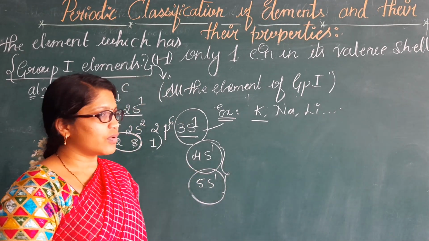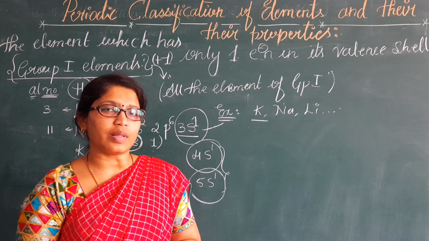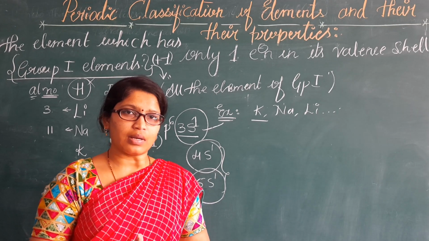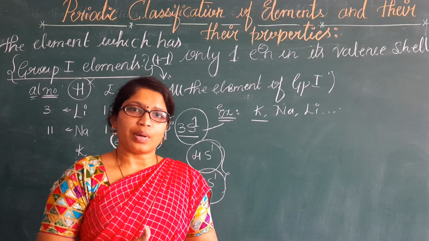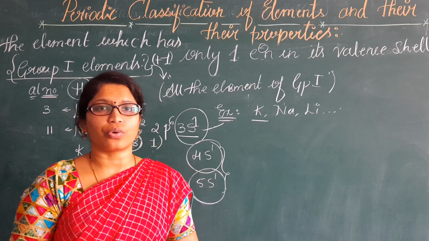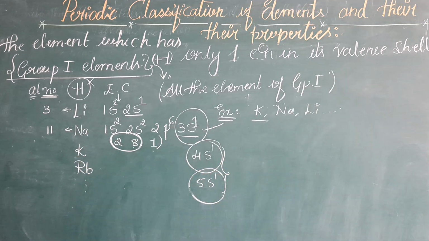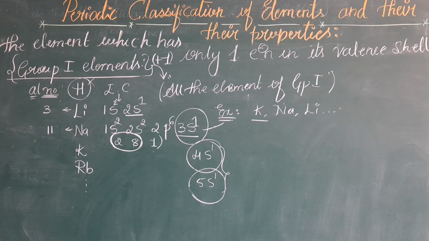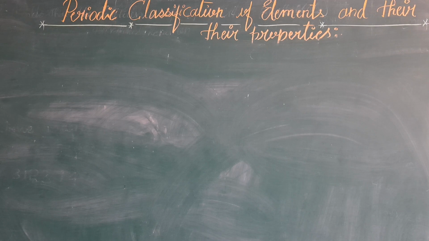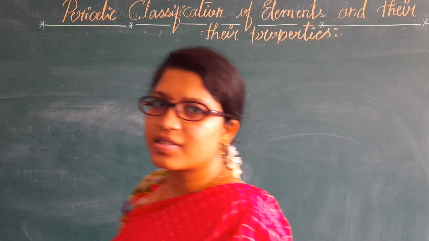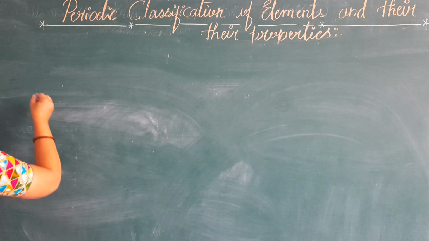By seeing this, can you tell me how many electrons are considered as valence shell electrons for group 2? Have you all answered the question? What is the second question?